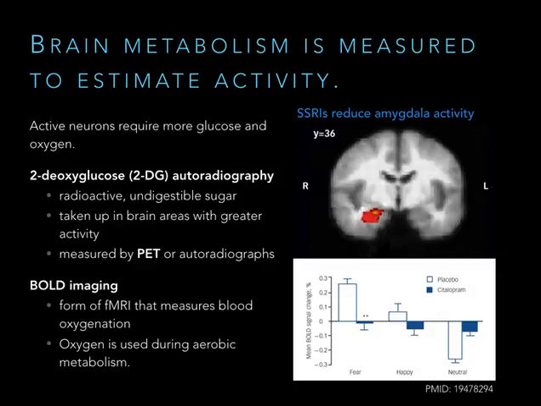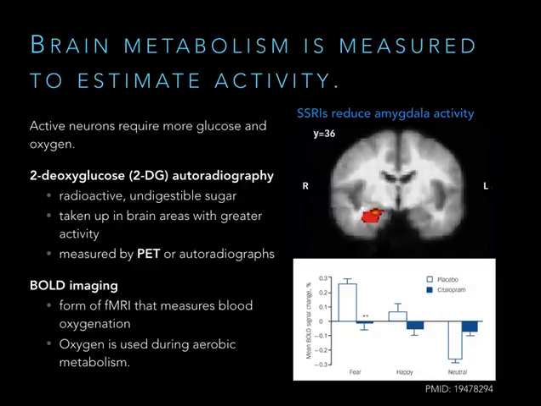So by measuring the amount of amygdala activity with and without SSRIs, this can help us understand their mechanism of action. SSRIs are drugs that are taken to help reduce the symptoms of depression. And so they thus reduce negative emotionality.